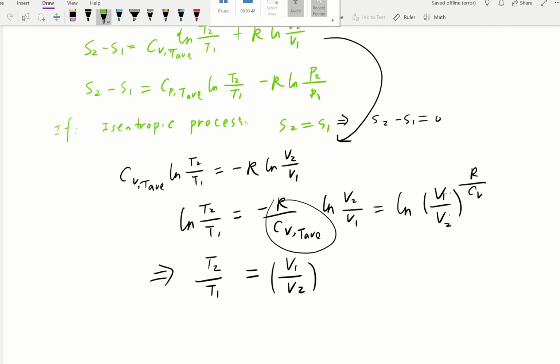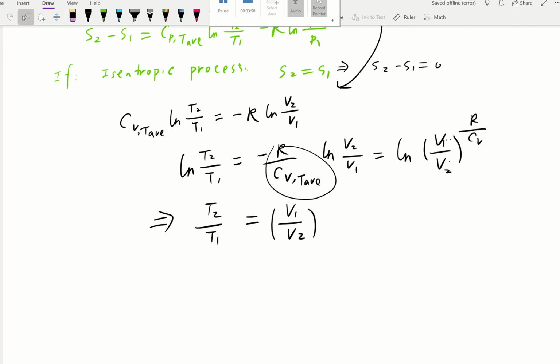Okay, what is R over Cv? Let's do a quick review on this one, because we know for ideal gas, our R, the gas constant, is going to be equal to Cp minus Cv, right? And because of that, if we divide by Cv on both sides of the equation, R over Cv is going to be equal to Cp over Cv minus 1.